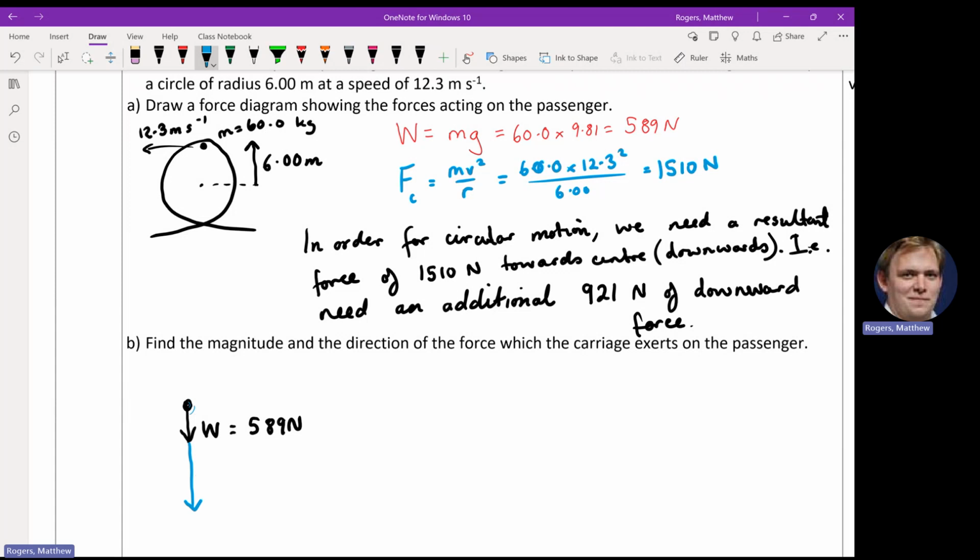I've put them together tip to tail here, just to get across the idea they both act down. This is an additional force of 921 newtons. And of course, this effectively answers part B of the question too. The answer to B is the size of the force is 921 newtons and the direction is downwards.